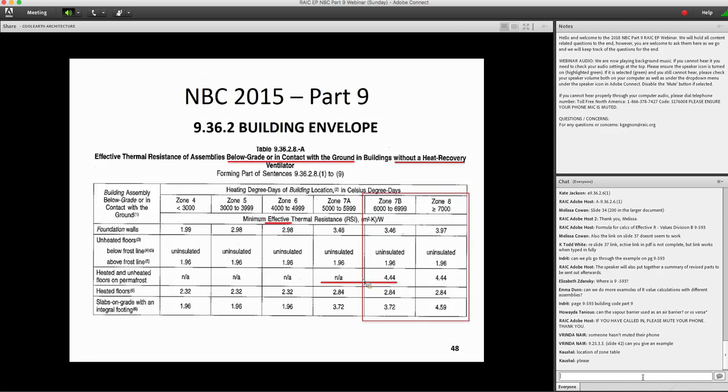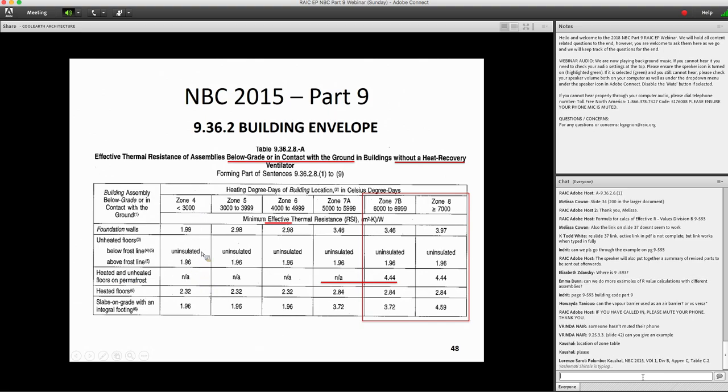So let's see, for example, this table. We have here in this table an effective thermal resistance of assemblies below grade or in contact with the ground, in this case without heat recovery ventilator. So here's where I marked zone 7B and zone 8. And this is where we see that there are heated and unheated floors on permafrost.